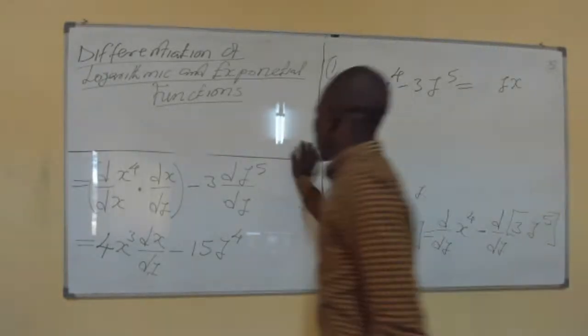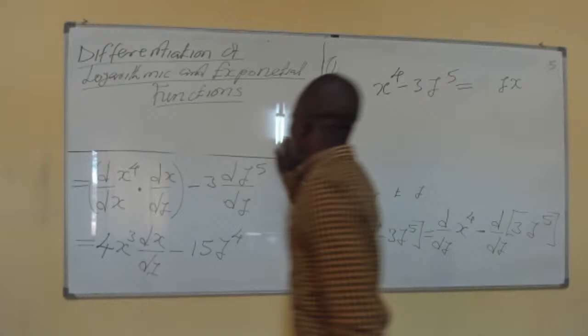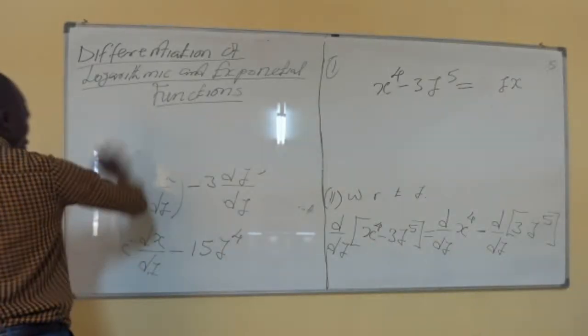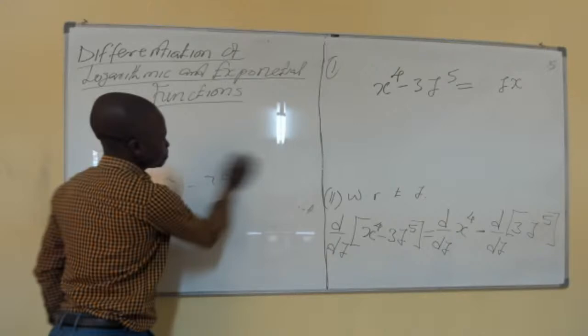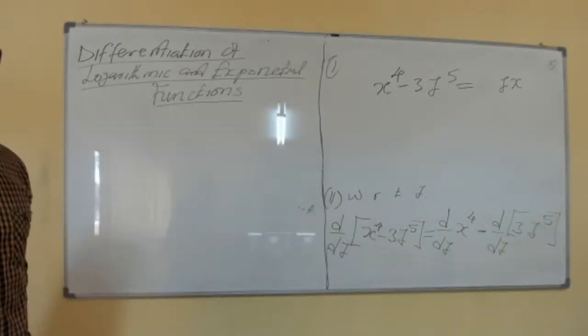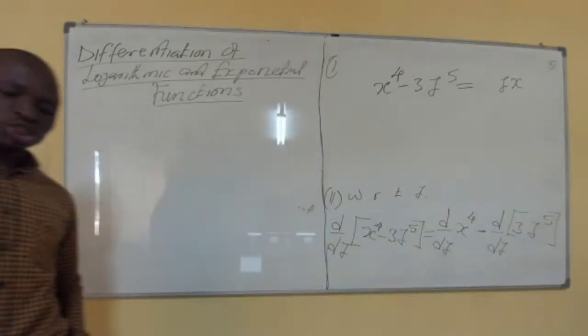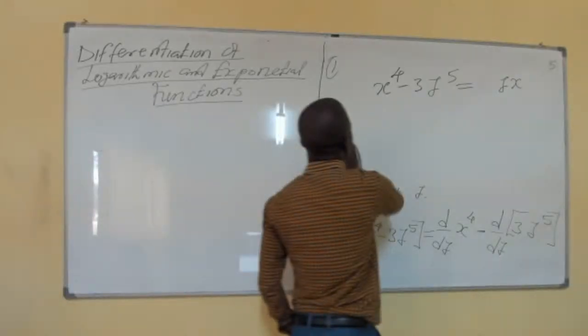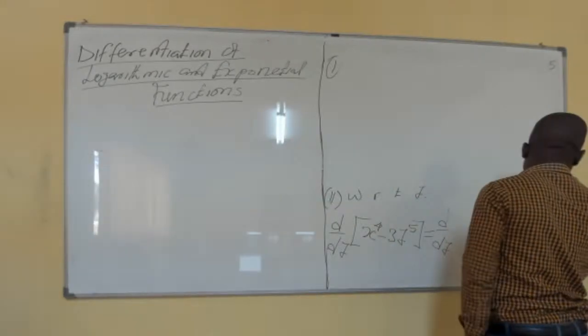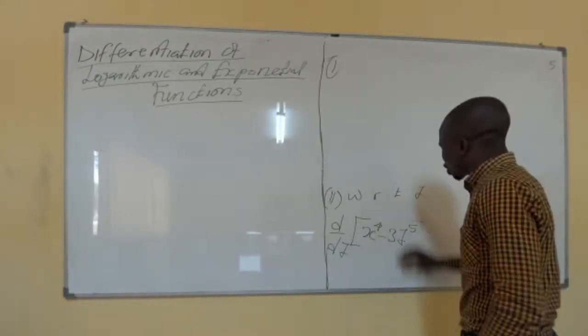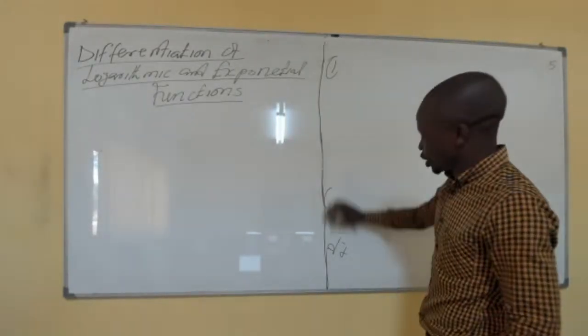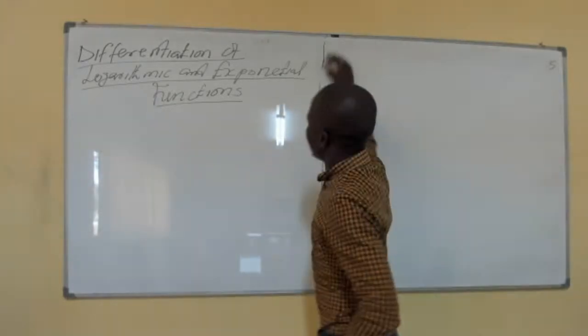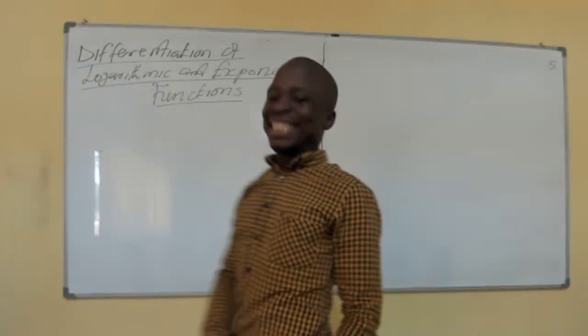Okay, I hope I've clarified your concept. So now, one thing that you should remember is that not every function is simple to differentiate. There are always other functions that are very challenging or tedious to differentiate.